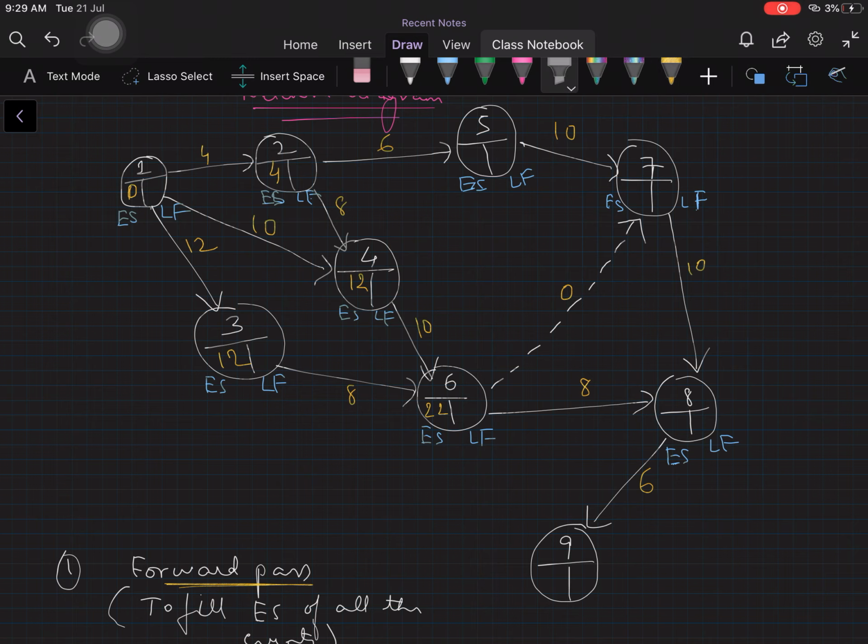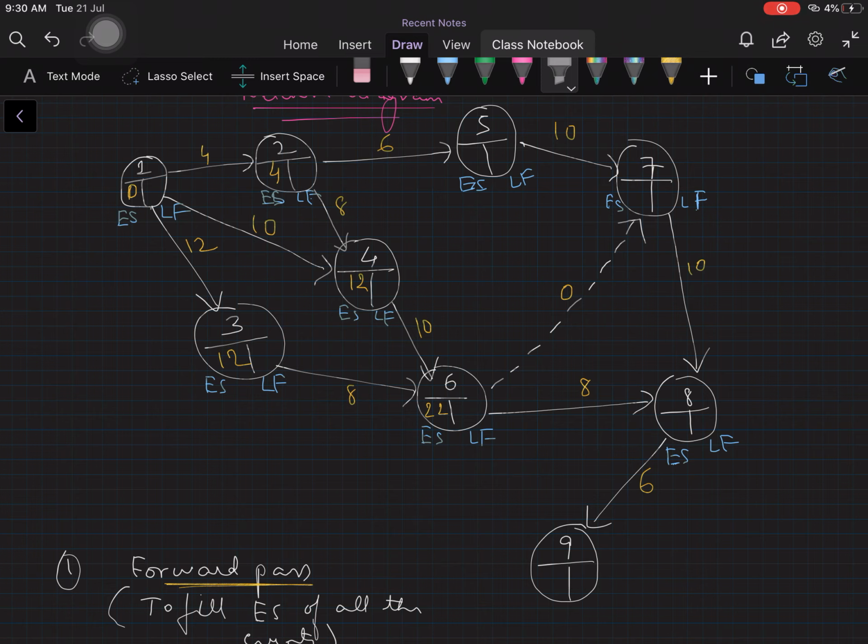Now let's proceed. 22 plus 0 gives us what? In this direction, 22 plus 0 gives us 22 itself. This particular arrow gives us 22 to this position. Now let's see what the other arrow gives. Again, this is a merge event.